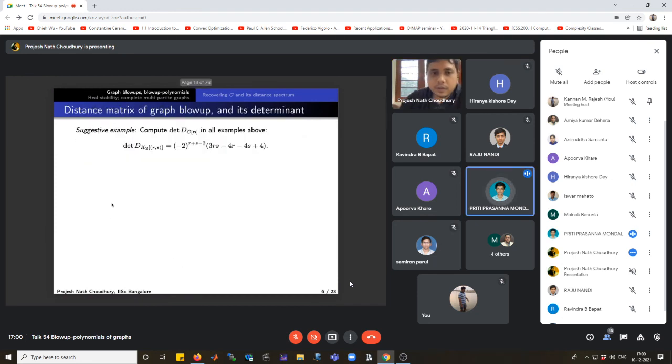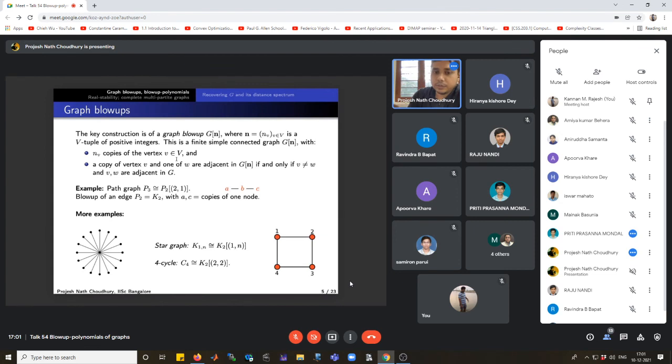Putting R and S to some value, maybe it's 0. Okay. So if you put R and S equal to 2, because for the cycle, I told you that you look at two copies of the vertex 1, that is R is 2, and two copies of the vertex 2, that is S is 2.